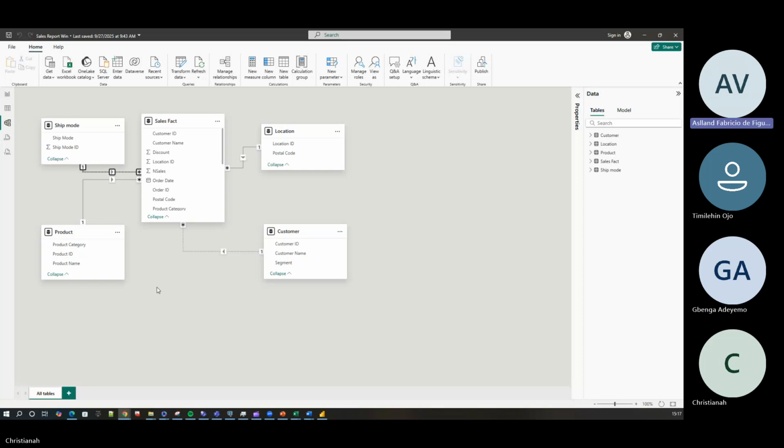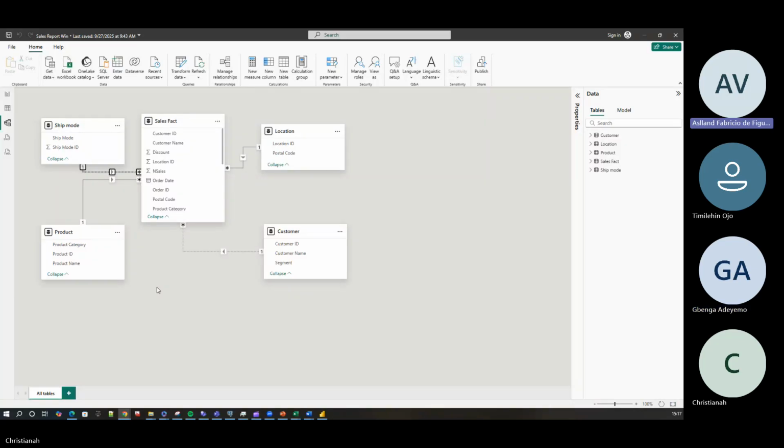In the sales table? Yes. Let me see. What does that imply if we see only one cardinality on the sales table instead of many? When it's the only one, it will have only one entry that cannot be duplicated, right? Between ship mode and sales, you are seeing one to one instead of one to many.